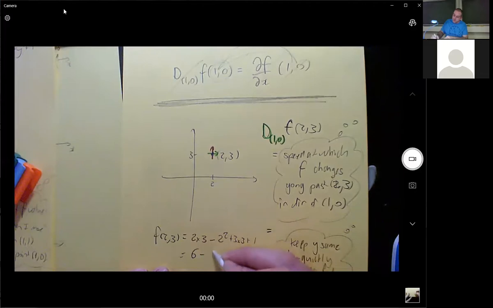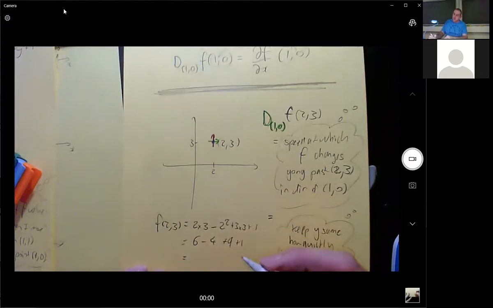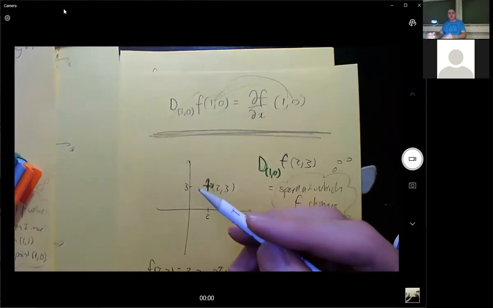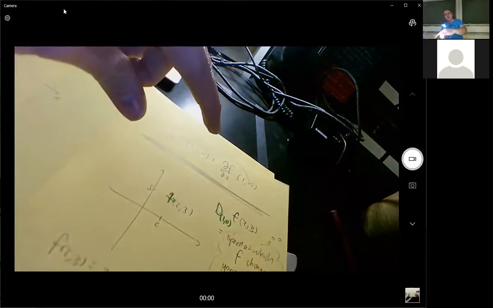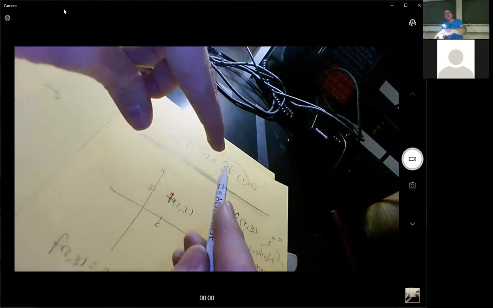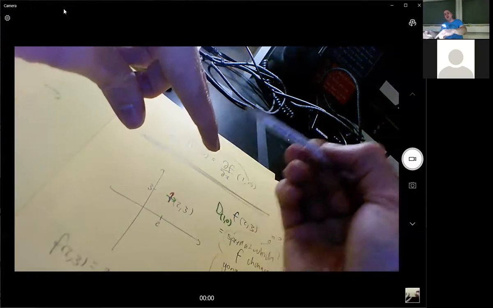So 6 minus 4 plus 9 plus 1, which is 12. Okay, so the height here is 12, all the way up there. And it's saying if I go this way, then it's going down. Whereas if I go this way, then it's going up at a speed of 5.